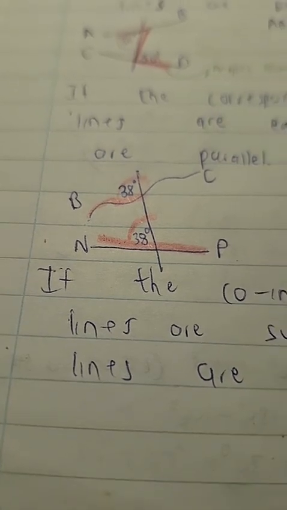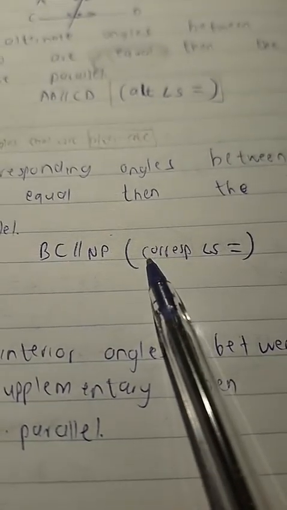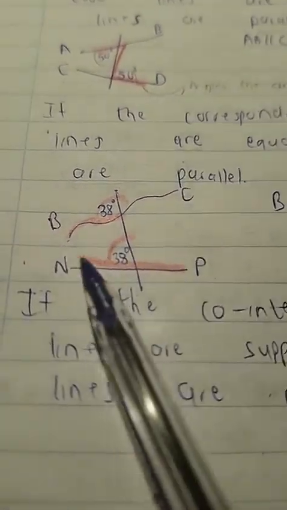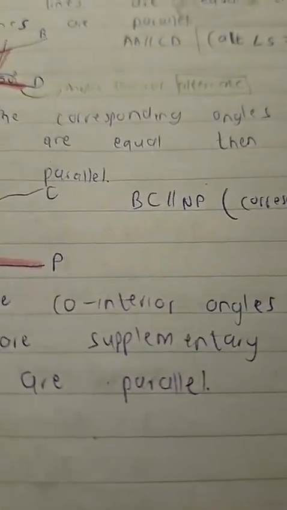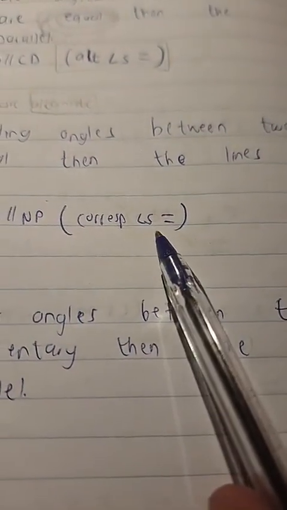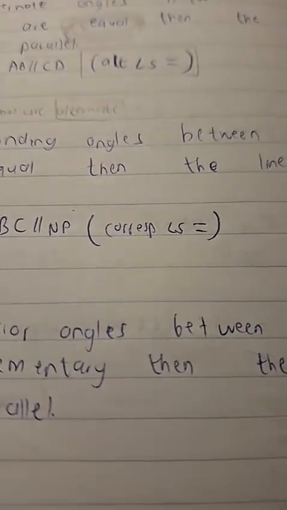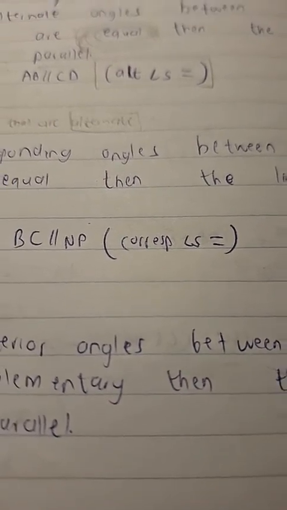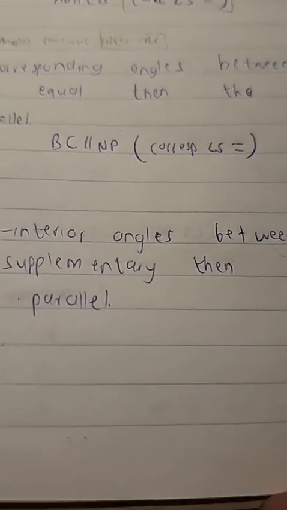If we find that there are two angles that are in the corresponding position, and those two angles are actually equal, then we can conclude that the lines, as we can see here, BC and NP are actually parallel. And the corresponding angles equal comes into play in that very instance when you want to prove that two lines are parallel.